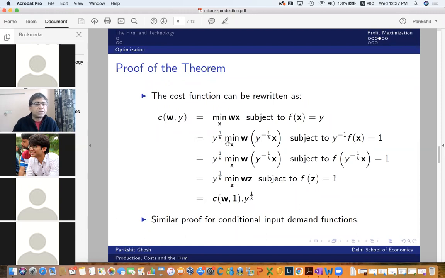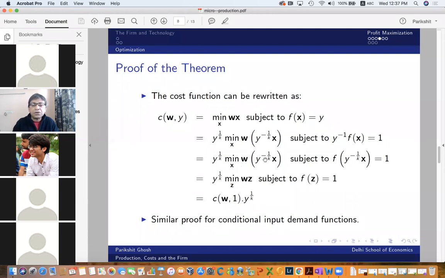So these two things cancel out. So minimizing wx is the same as this object. And on the side of the constraint, I'm taking the y to the other side, essentially, so it is 1 over y. So I have preserved the objective function and the constraint through this manipulation.